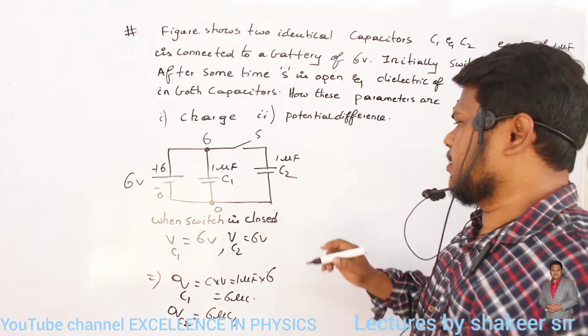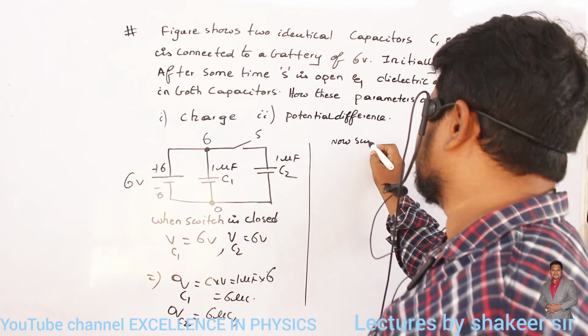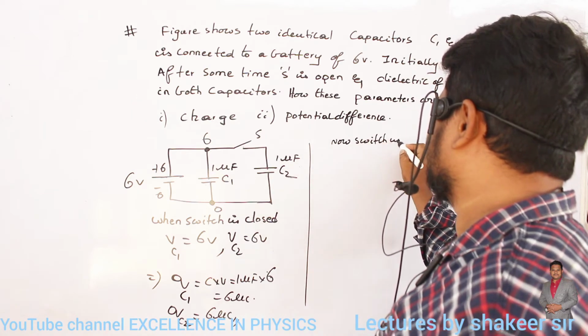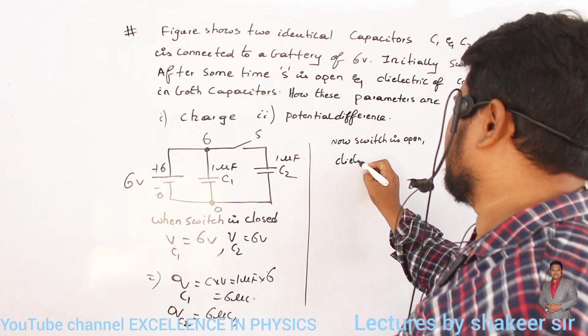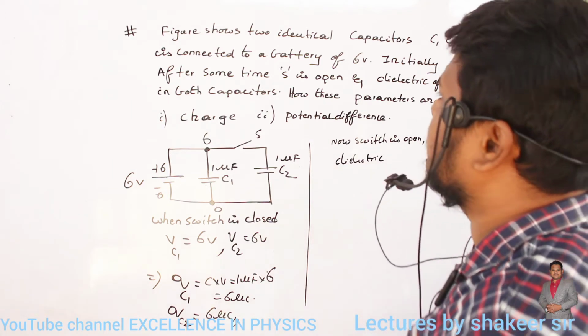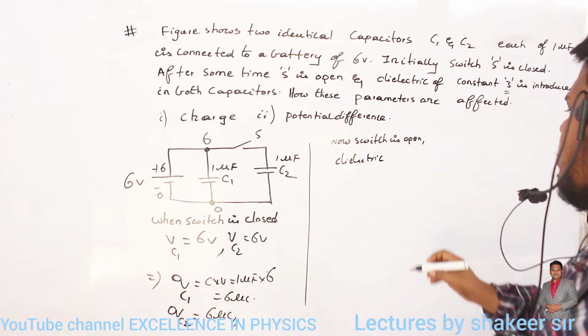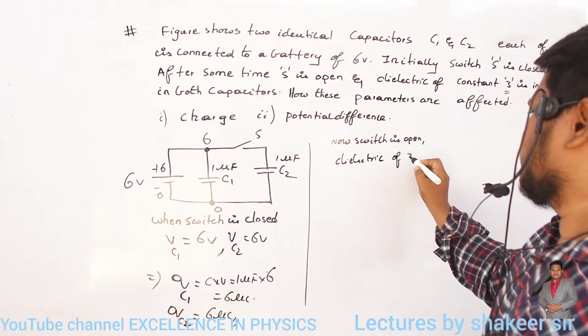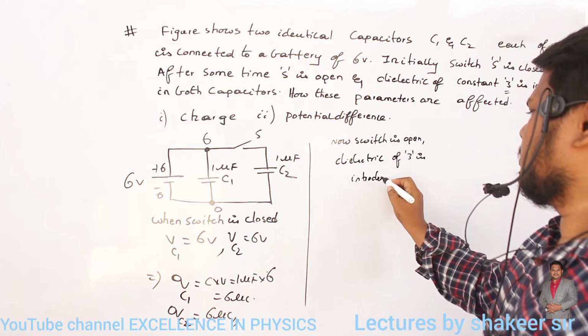Okay? Now what is happening? Now the switch is open, and a dielectric is introduced. What is the dielectric constant of the dielectric? Dielectric constant is 3. So a dielectric of constant 3 is introduced. Okay?